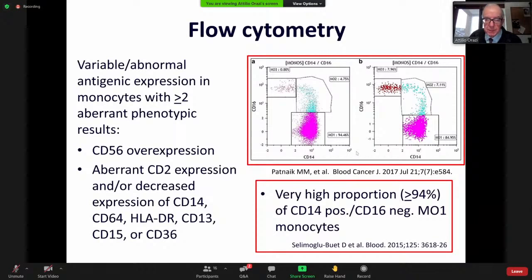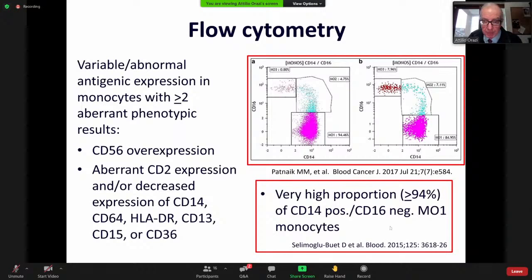The problem with this is the threshold to make the separation is very high. The papers say you need to have at least 94% MO1 monocytes. Usually what happens is you find an increased number of MO1 monocytes, but you don't get 94, so in some cases, you still don't know.